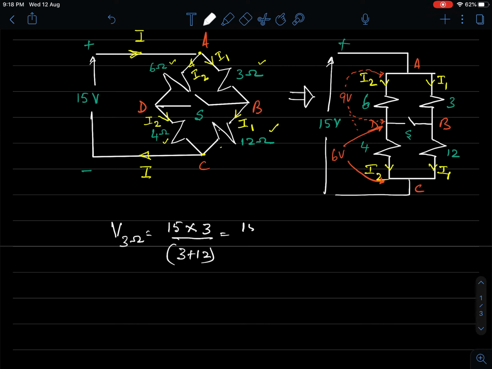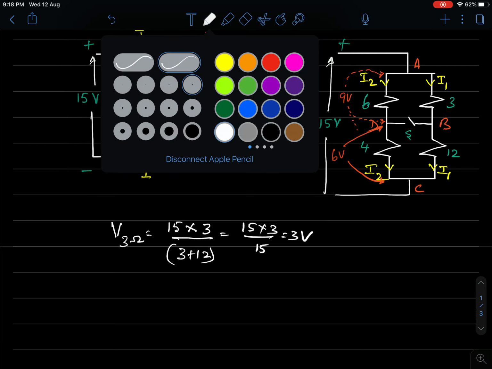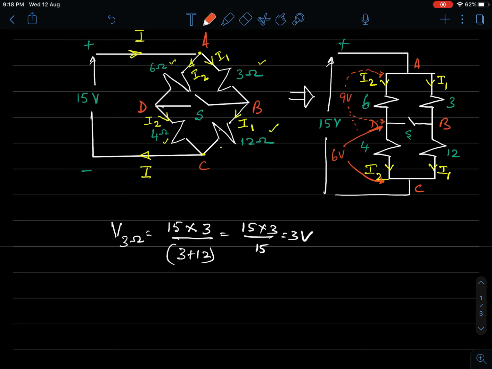This is 15 into 3 divided by 15. This is 3 volt. So across this 3 ohm we get 3 volt.